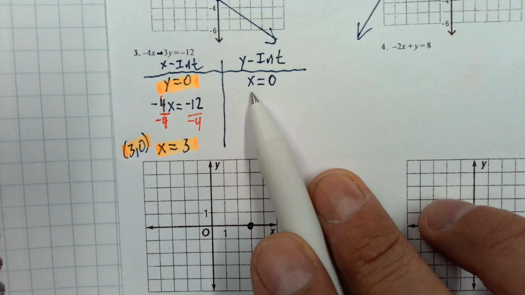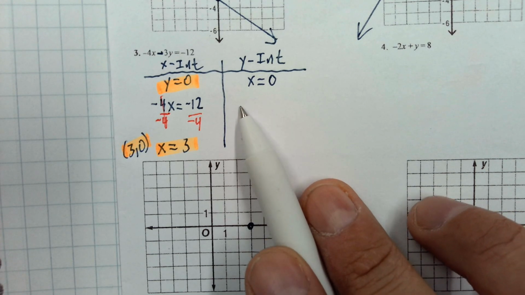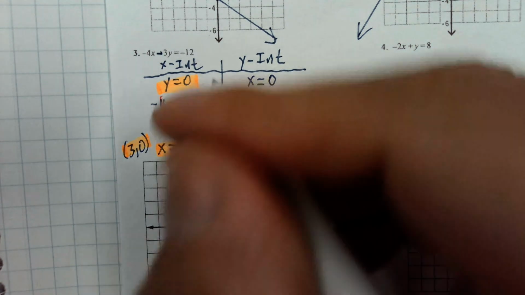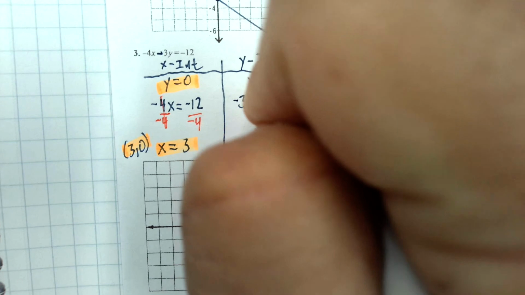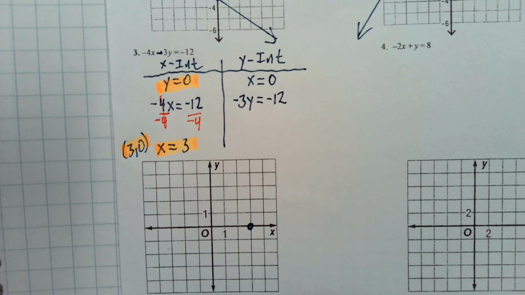I'm going to move on to this part for the y-intercept. X is 0, right, guys? X is 0. What's my new equation? Help me out over here, guys. Negative 3y equals negative 12. Okay. Got that.